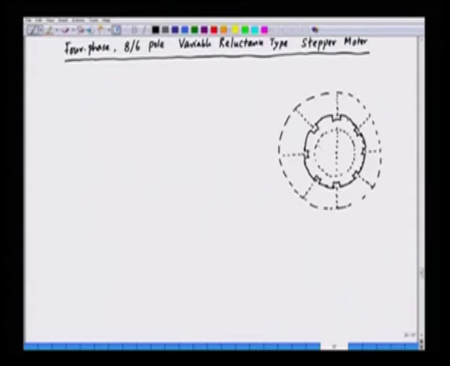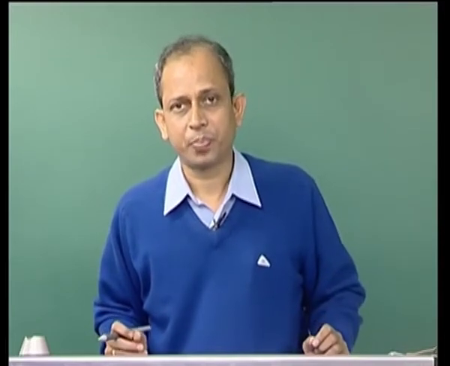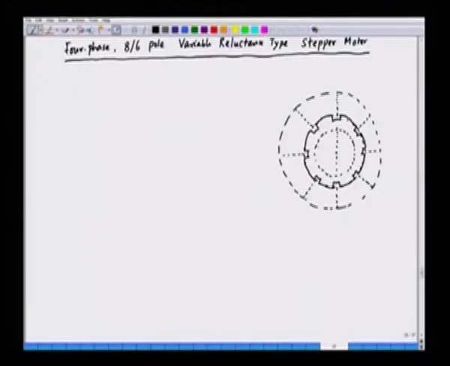This is basically 60° shifted. So, 6 poles means the distance between 2 poles will be 360/6, that is 60°. So, this is 60° here, and then 60 plus 60 will be 120, it will be something like this.